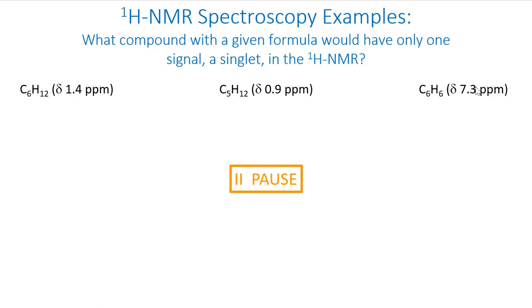And you can also use the index of hydrogen deficiency to get an idea whether there are rings or double bonds present. If we consider the first example and consider what the formula would look like if we had only a fully saturated compound with no pi bonds present, we would expect to have double the number of carbons plus 2 for hydrogens.